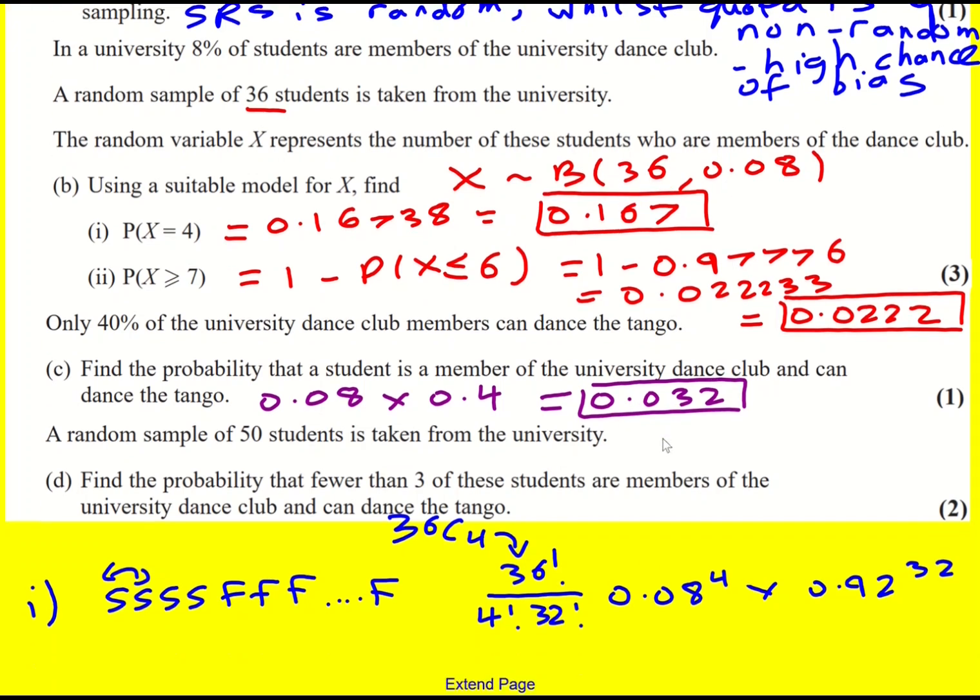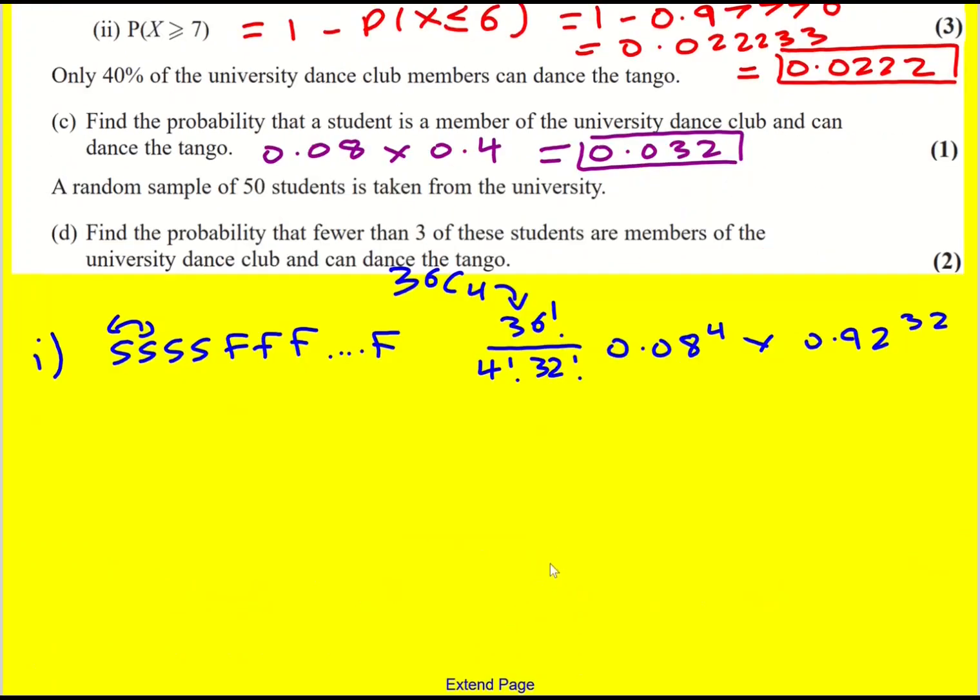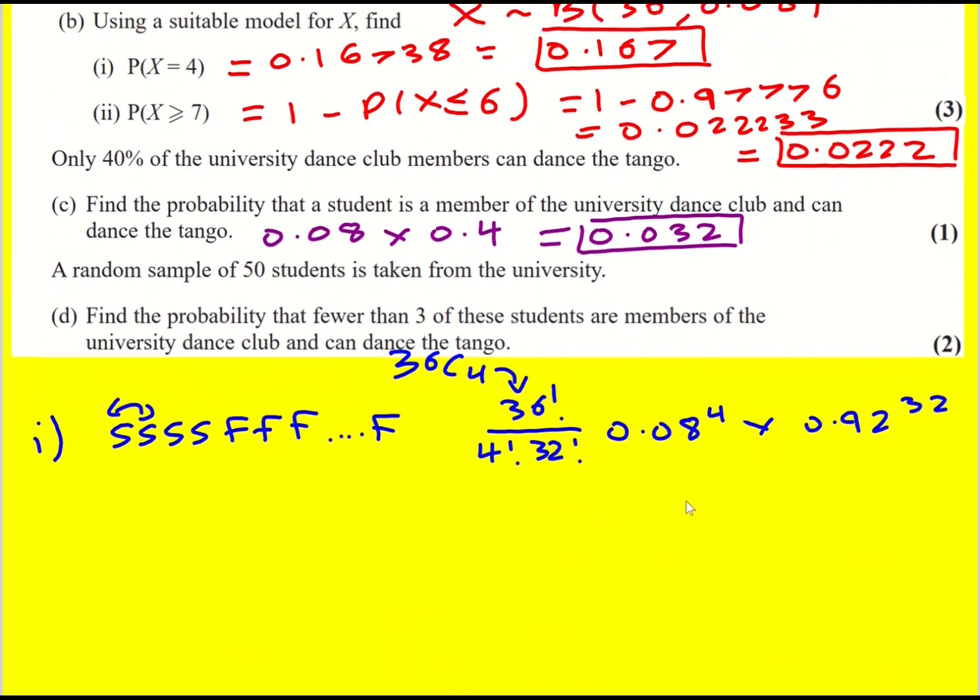And finally, a random sample of 50 students is taken from the university. Find the probability that fewer than 3 of these students are members of the university dance club and can dance the tango. So I've got a new binomial distribution to consider here. We're looking at 50 students, and the probability of any single one of them being part of the dance club and being able to dance the tango is that 0.032 I found a minute ago.